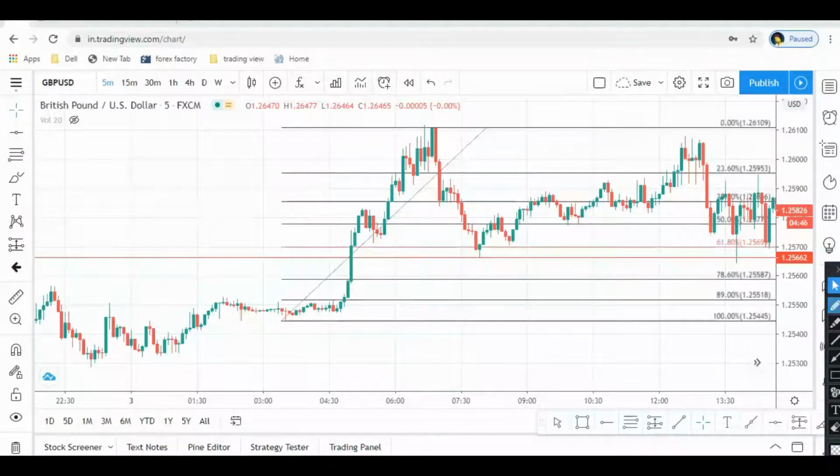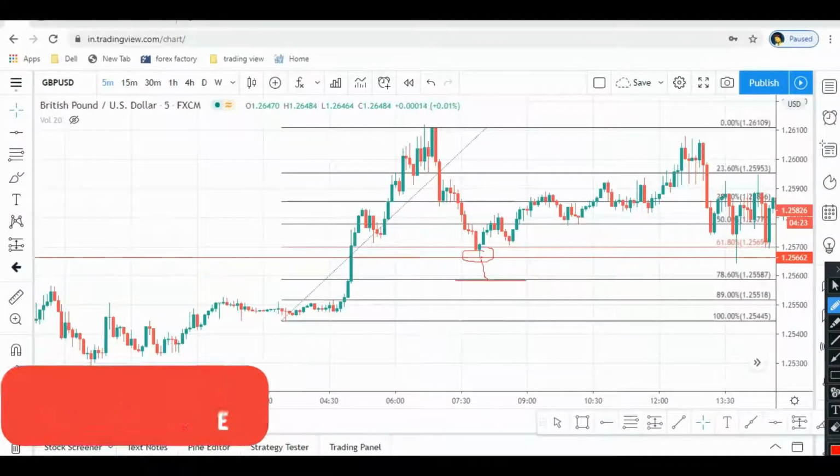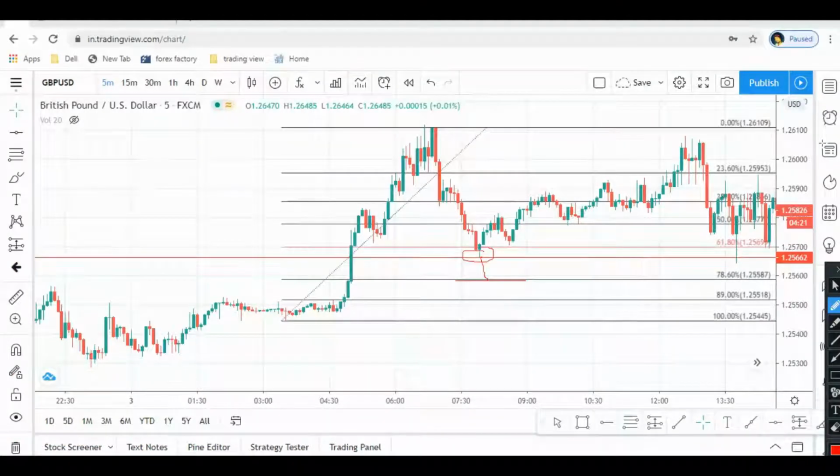And one thing I would like to tell you, if you have placed an order, suppose you have placed a buy order here, and what will be your stop loss? I would always suggest you to please close your trade below 78.6%. I know this is much higher than your take profit, but this will be very reliable.